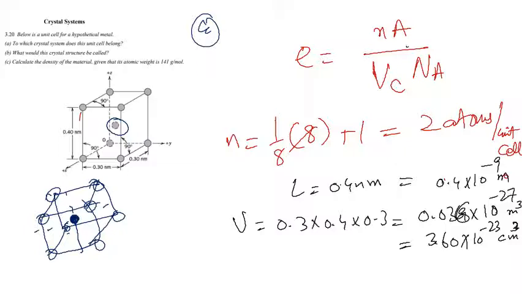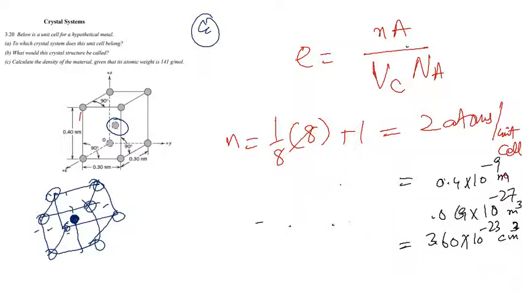I just multiply this term with the 10 power 6. So my answer is 3.60 into 10 raised to power minus 23. Now we know Vc, we know n, then we can use this equation. So how can we use this equation? Let's use this equation.